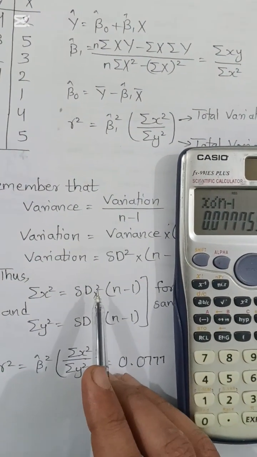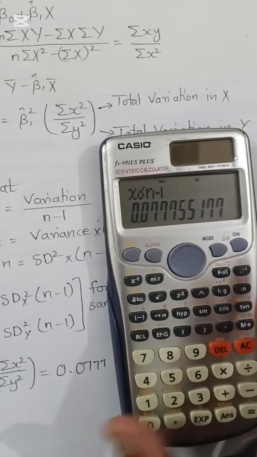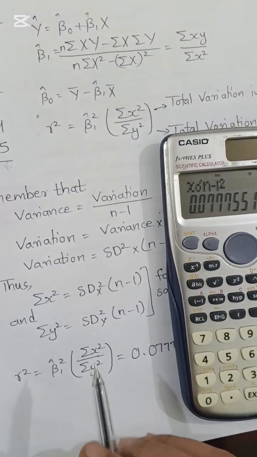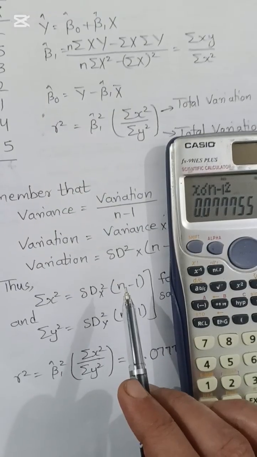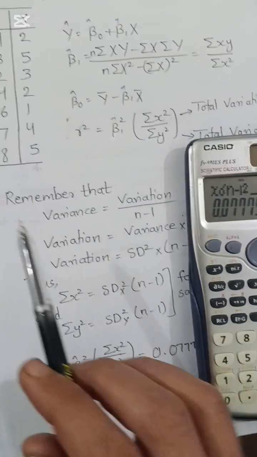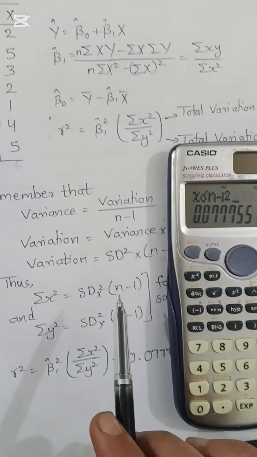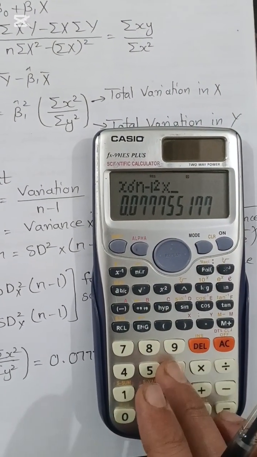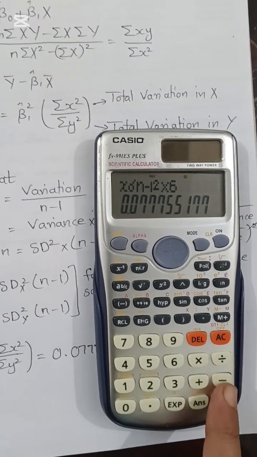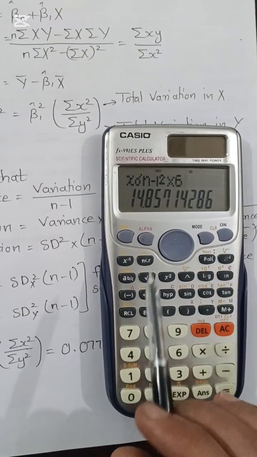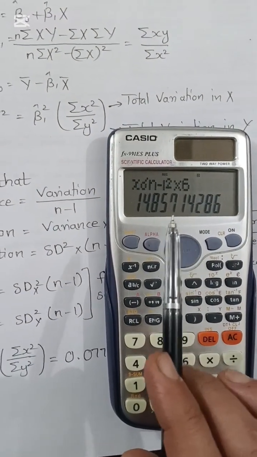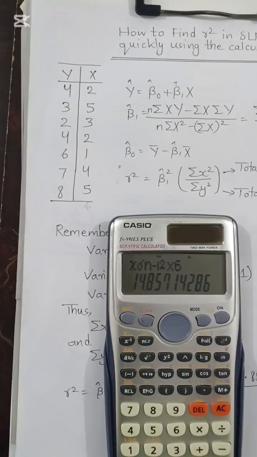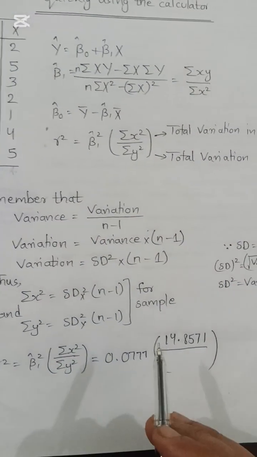I need its square, so press square, and then I need to multiply it with the degrees of freedom, which is n minus 1. Since our n is 7, 7 minus 1 equals 6. We need to multiply it with 6, and press equals. So 14.8571 is the total variation in x. I wrote this value here.